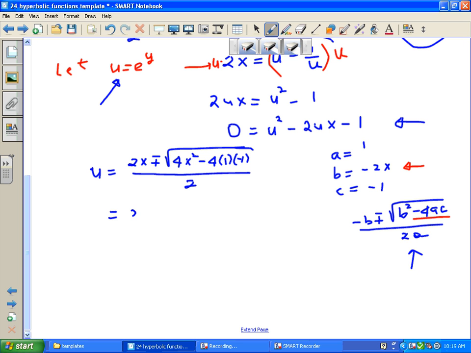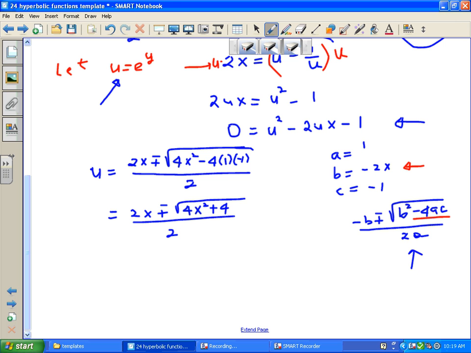Let's simplify this. We're actually almost there, believe it or not. I see a simplification here. Let me see if you guys see that as well. For example, that 4 under the radical, could I factor it and take it out?